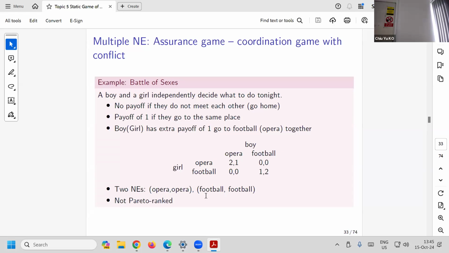That's what happens. What happens if it's in Shanghai? Everyone knows the answer, right? It must be opera, there's no other choice, because that is what we call Thomas Schelling's focal point, right? What the social norm would say.